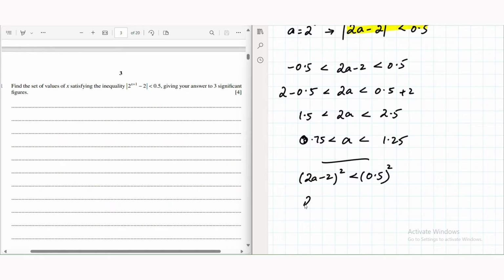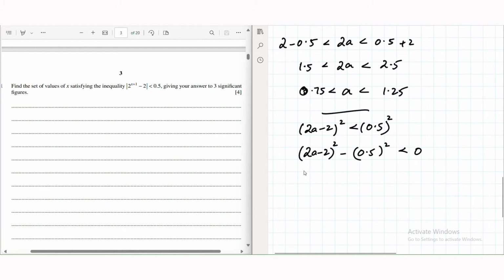When we take the square on one side, this becomes a difference of squares form. So we can rewrite it as 2a minus 2 plus 0.5 and 2a minus 2 minus 0.5 less than 0.